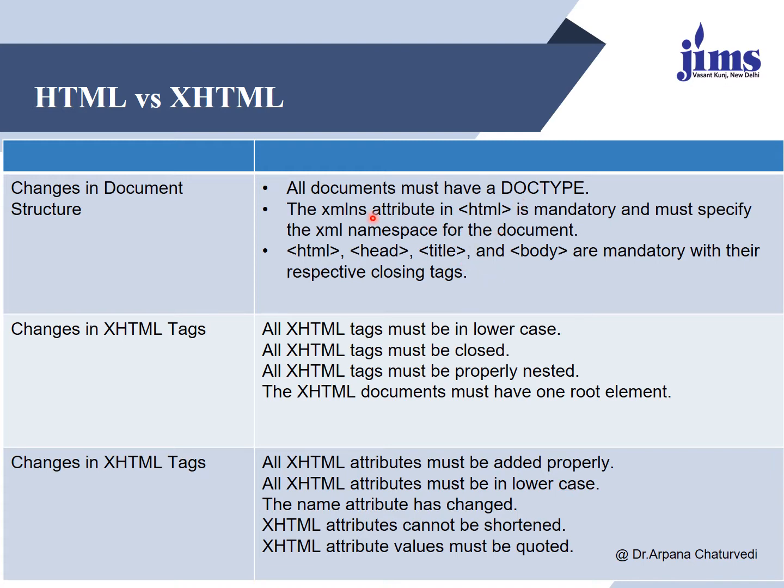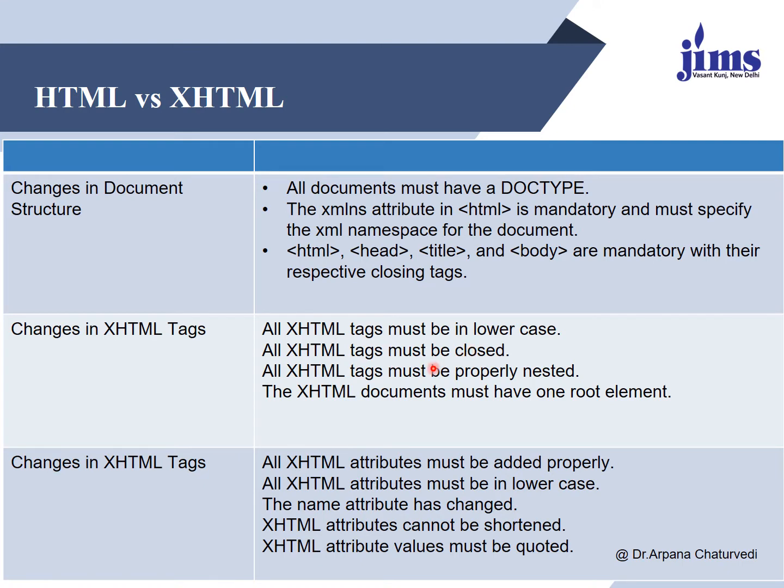Then the XMLNS attribute is a namespace which is mandatory to specify the XML namespace for the document you are using. Again, this is a mandatory statement. Then all the tags, HTML, head, title, body, should have a respective closing tag. As you have seen in the HTML example, the closing tags were not there. Here it is necessary to have a closing tag.